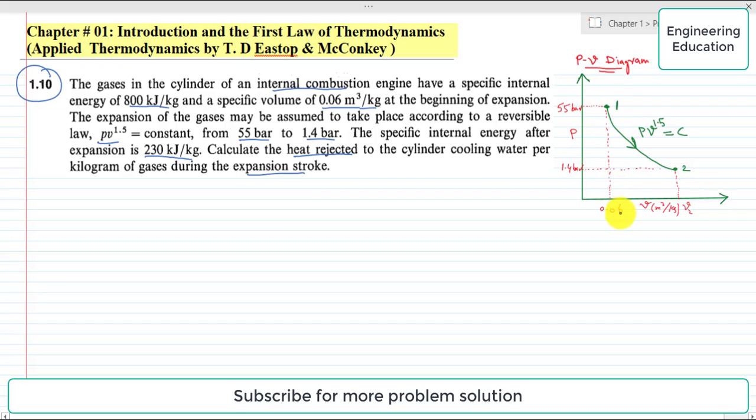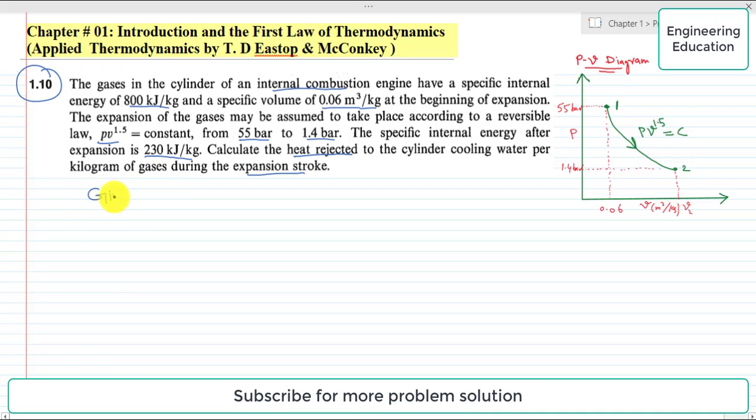Here we have specific volume V1, which is 0.06 cubic meter per kilogram, and then the law of expansion is PV^1.5 equal to C. At state 2, after completion of expansion, we have P2, which is 1.4 bar, and V2 is unknown at this point. The specific internal energy at point 1 is 800 kJ per kilogram, and at state 2, after the expansion process, it is 230 kJ per kilogram.